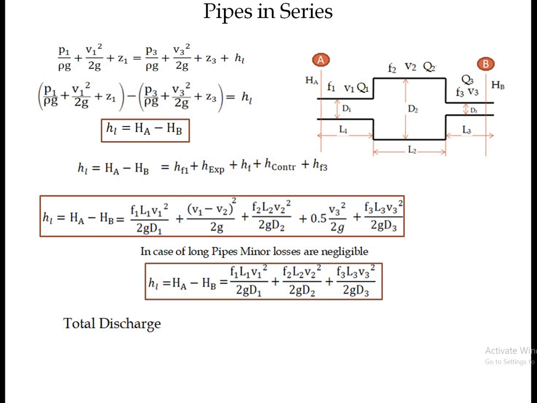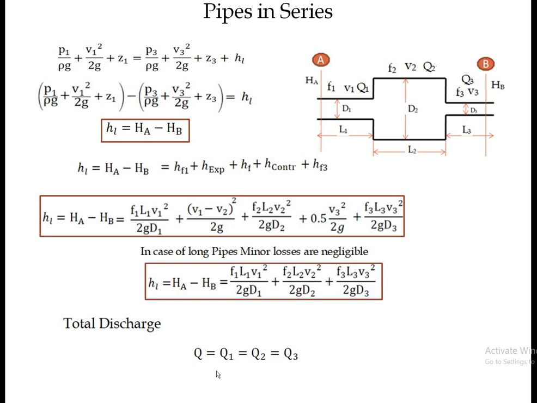Again, when pipes are connected in series, what about the discharge? Remember that the total discharge Q equals the discharge through pipe 1, which equals the discharge through pipe 2, which equals the discharge through pipe 3. This is according to the law of continuity, that is A1 V1 equals A2 V2 equals A3 V3.